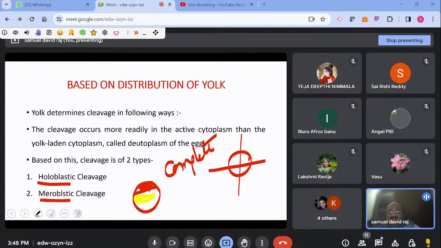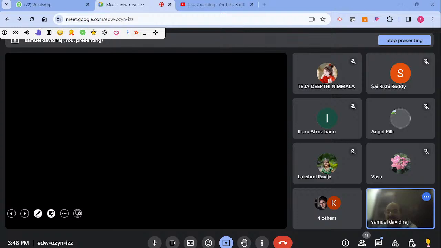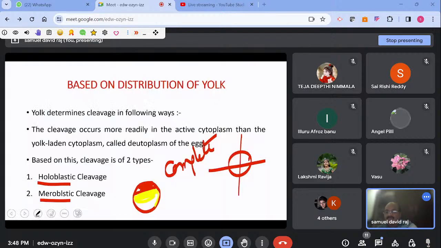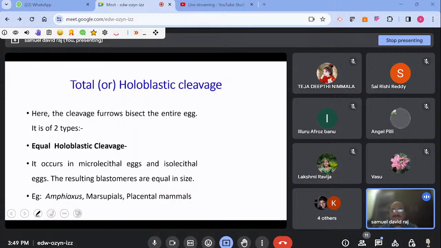In heavily telolecithal eggs, this entire egg is occupied by yolk, leaving only this small space where the actual divisions take place. That means the cleavage is incomplete. Mero means half, partial. So only a part of the egg undergoes cleavage, hence it is called meroblastic cleavage. Let's see one by one.